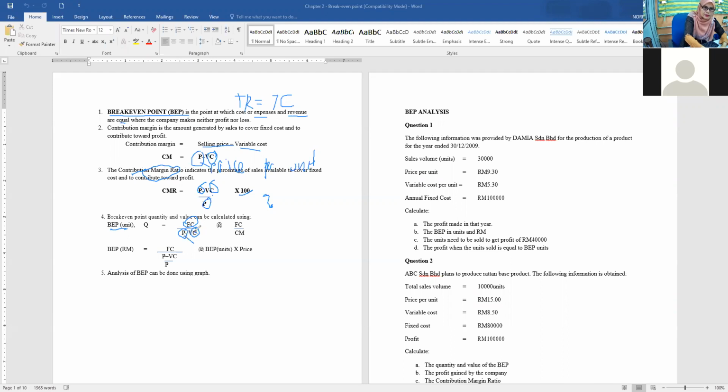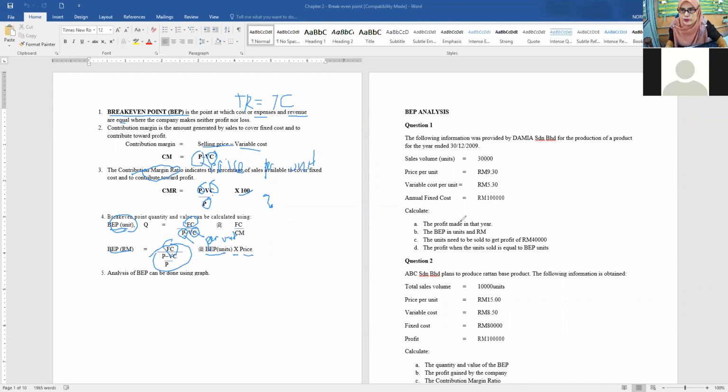Price and variable cost per unit. Okay, formula for break-even point in RM: fixed cost divided by price minus variable cost and then divide by price. This one also price and variable cost is per unit. Or break-even point in units means that the answer from here just times price. Okay, that's all for formula.